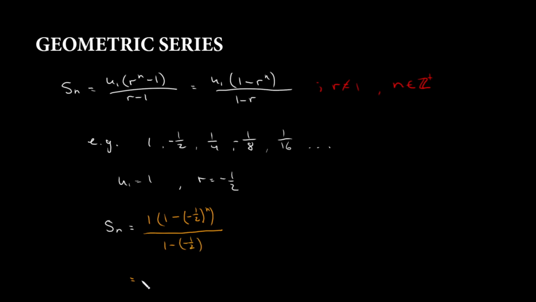And if we simplify that, we should get 1 minus minus 1 over 2 to the power of n, over 1 plus 1 over 2. And you see what I mean, you won't get a negative if you use the right formula. So that should be the general formula.